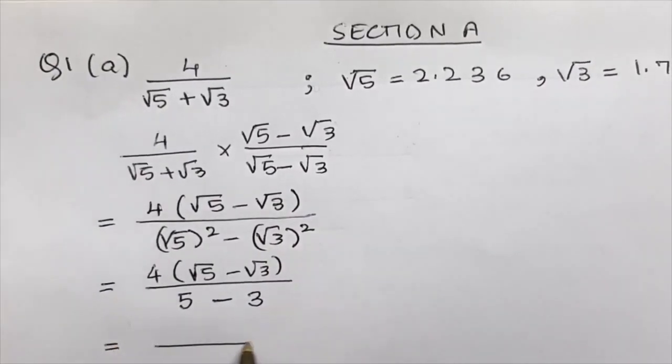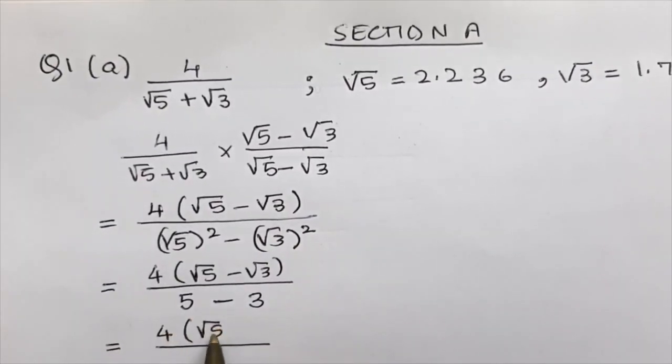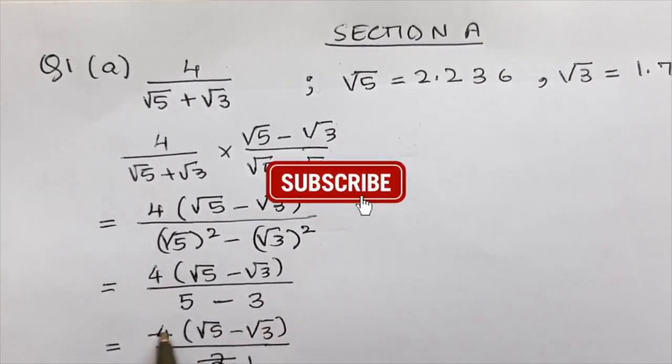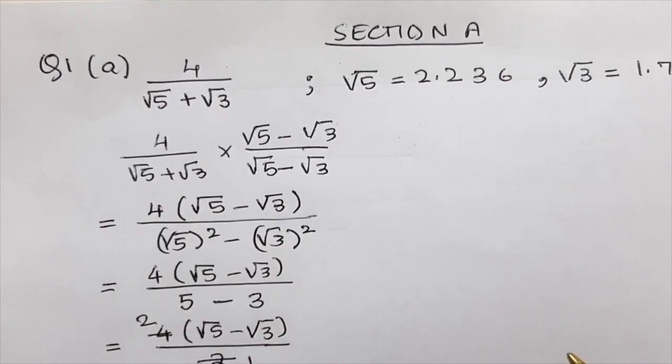That would give us 4 into root 5 minus root 3 upon 2. 2 1s are 2 and 2 2s are 4.